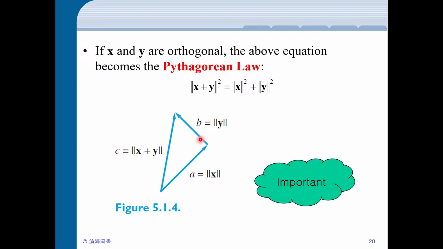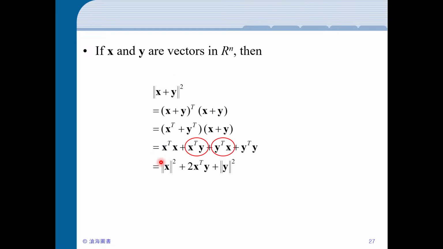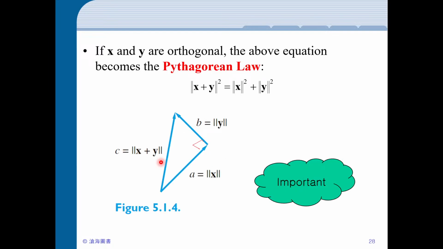So if these two are orthogonal to each other, then a squared plus b squared equals c squared. Okay, so that's that.